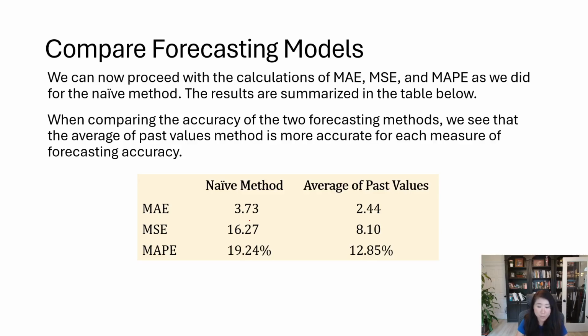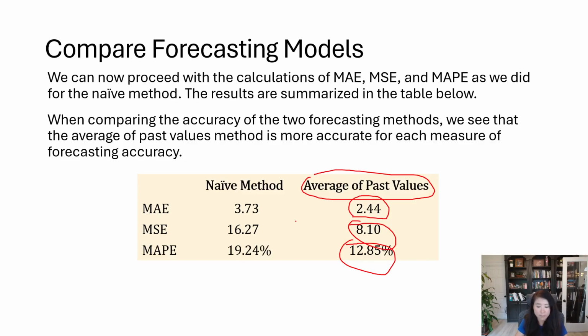The key here is that we choose the model with the smallest metric value. For MAE, as you can see, the average of the past values gives us the smallest. MSE, same. MAPE, same. So all 3 metrics lead to the average of the past values being the better model than the naive model. Keep in mind, for accuracy metrics, the smaller, the better.